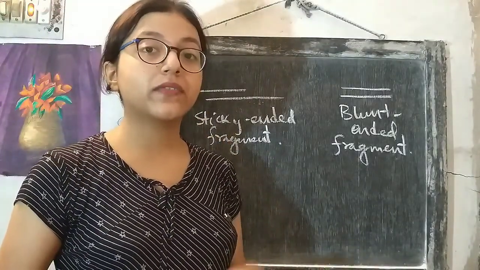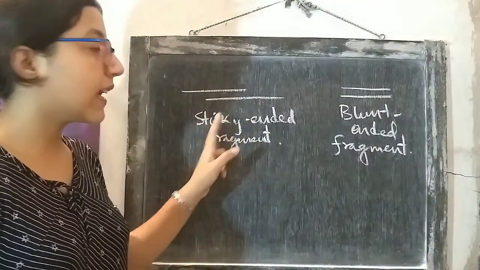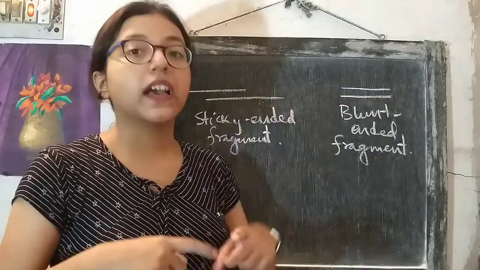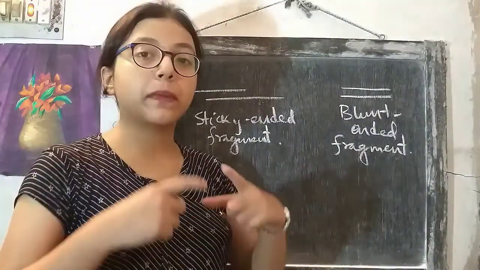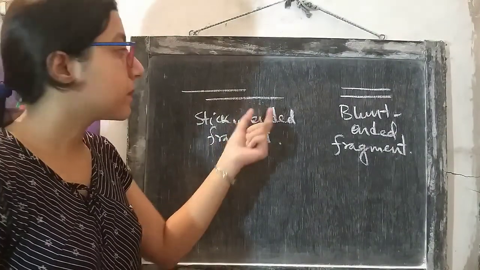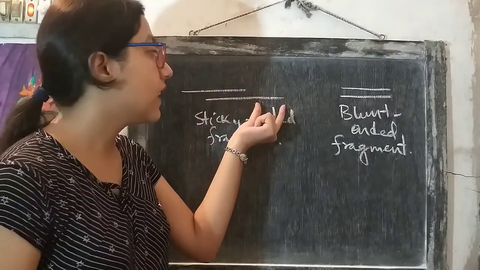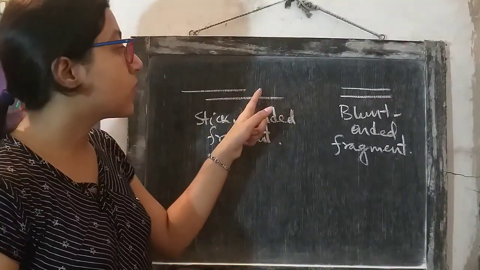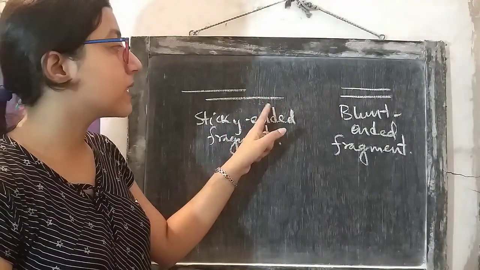Why is it better? Because sticky-ended fragments have single-stranded overhangs at their ends. And we know that DNA always binds with its complementary strand. But in case of a sticky end, this end is only single stranded. There is no complementary strand for this portion.